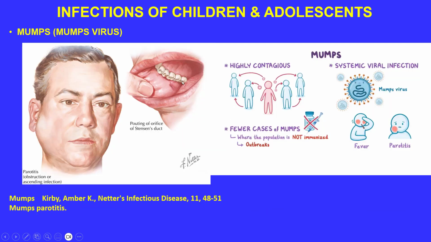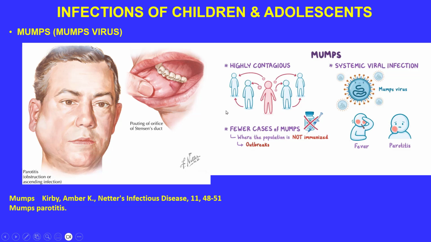So here you have this outpouching of the orifice of a duct. What you also will see is the parotitis. So you really can't see the guy's jaw as this gland is heavily inflamed.